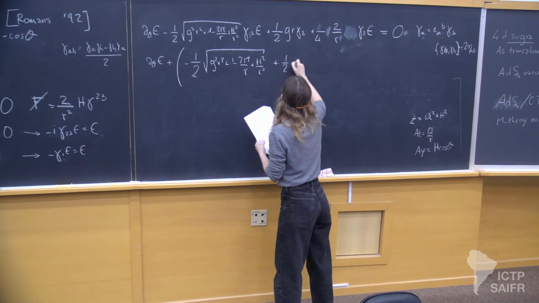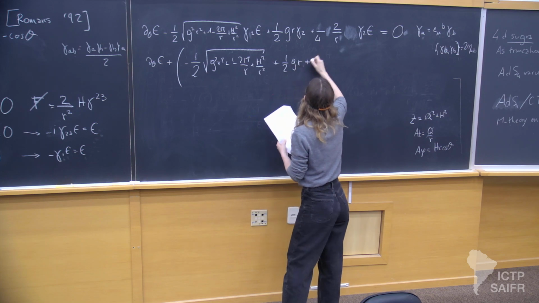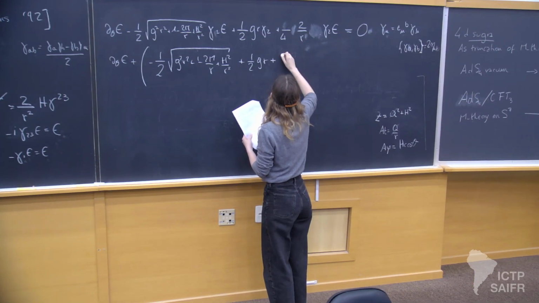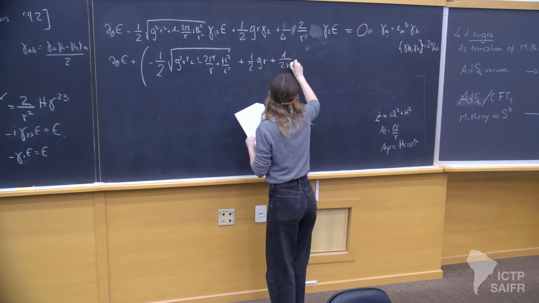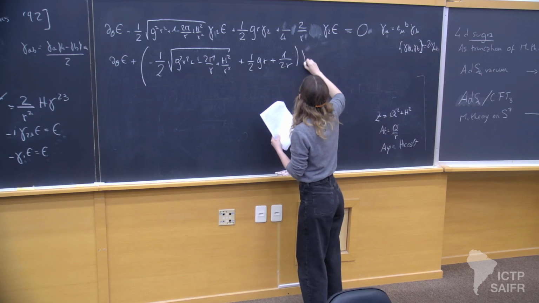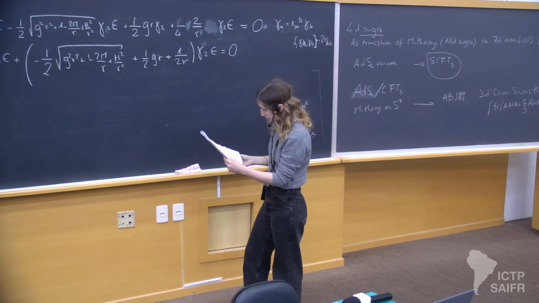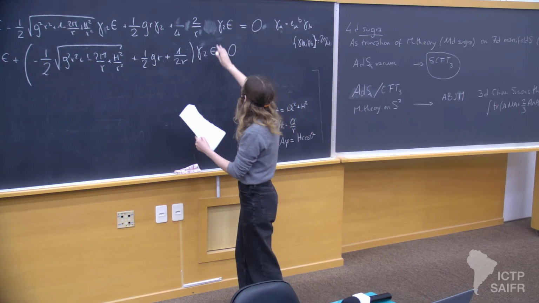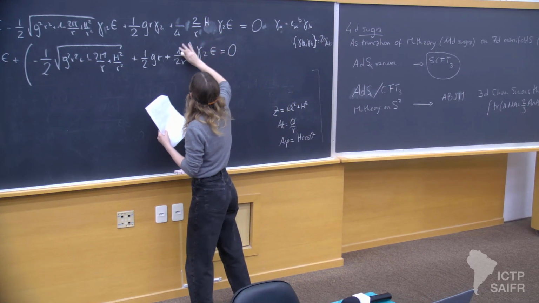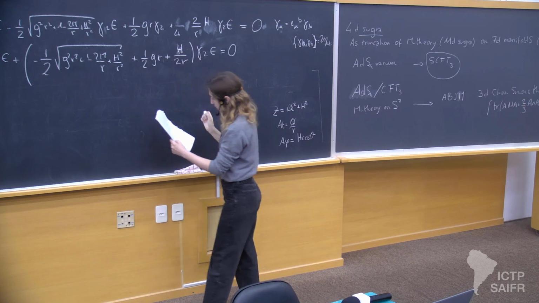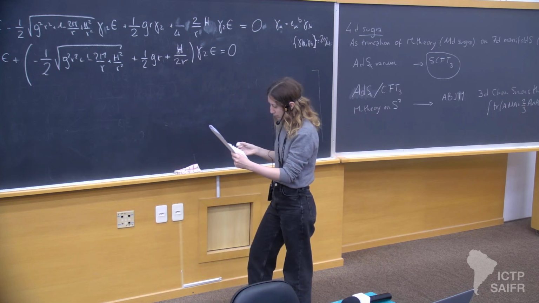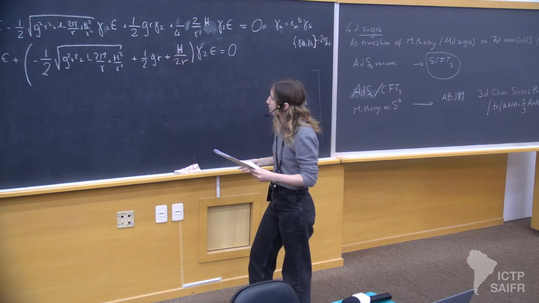Plus 1/2 GR plus 1/2 R. All of this multiplies gamma 2 epsilon equals 0. I hope I didn't make any mistake. So this also has H. Okay, I think probably no typos.